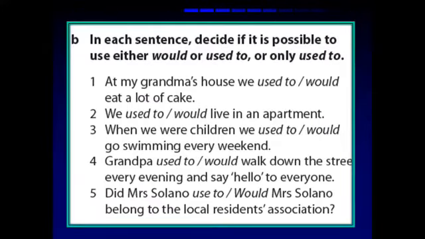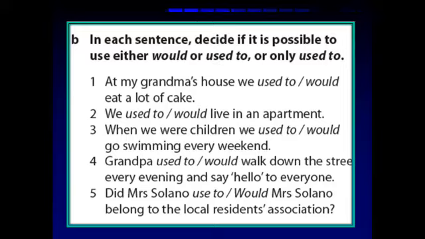In each sentence, decide if it is possible to use either would or used to, or only used to. Again, we use would with past habits, but used to can be used for both past habits and facts.